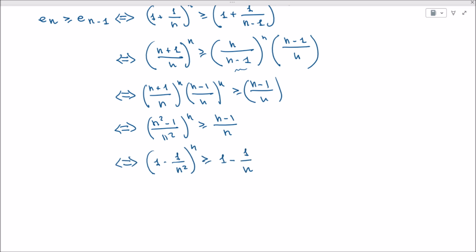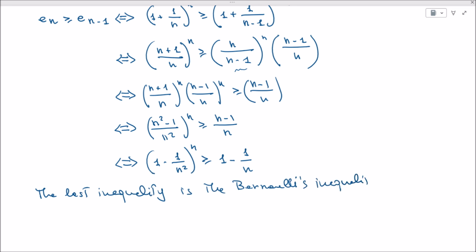But this is exactly the last inequality, the Bernoulli's inequality with x equal to what?